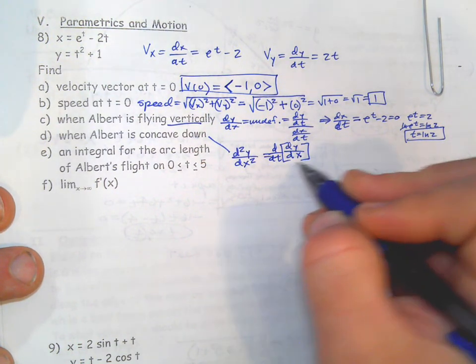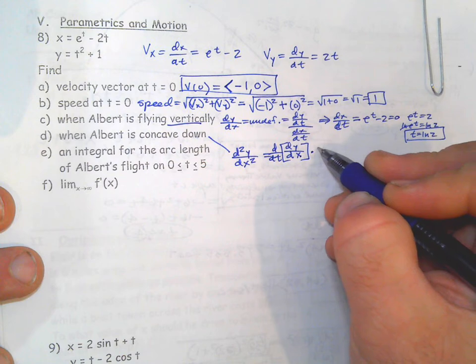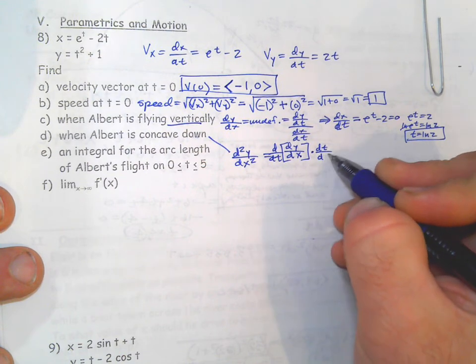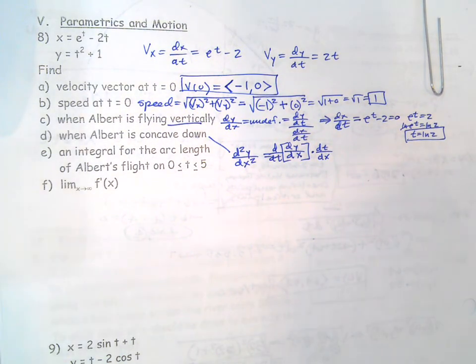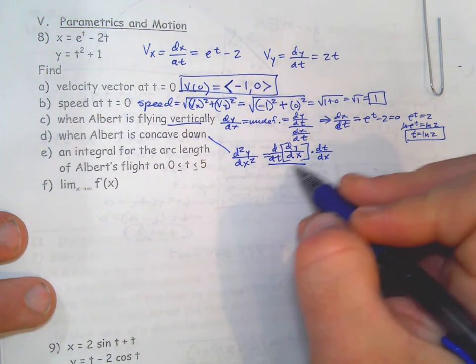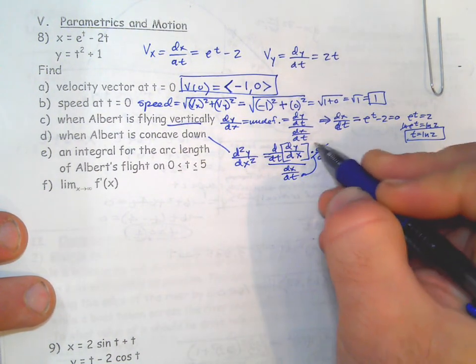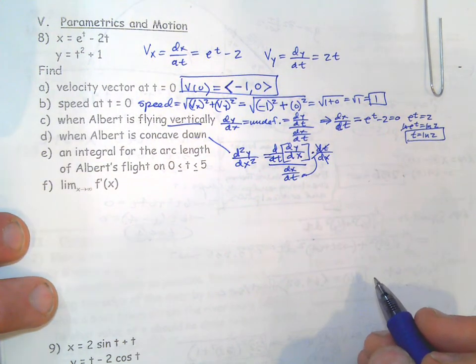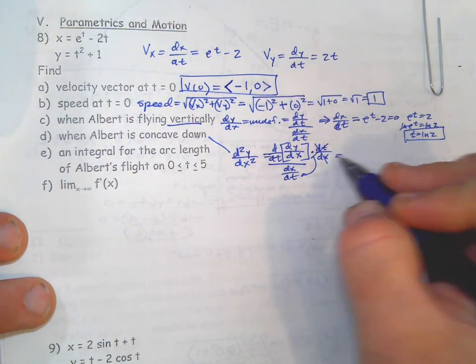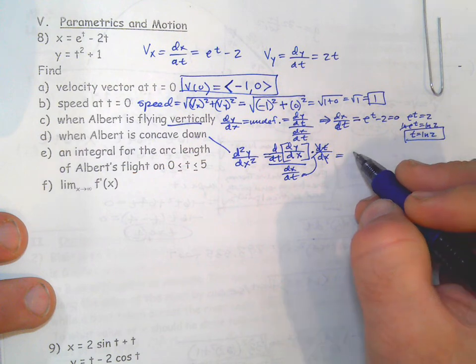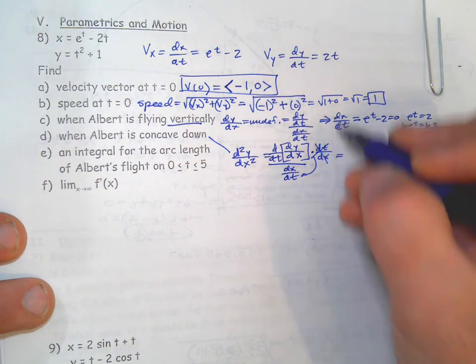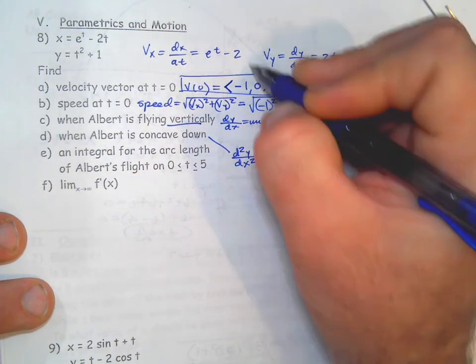So it's like implicit differentiation. And then you have to multiply by the derivative of t with respect to x to finish the implicit differentiation. What we usually do is write that down here on the bottom, but that's why it makes sense. So we need dy/dx, we could write that up here.